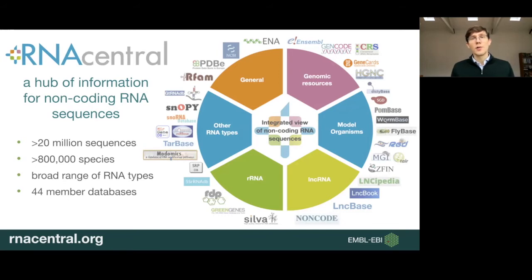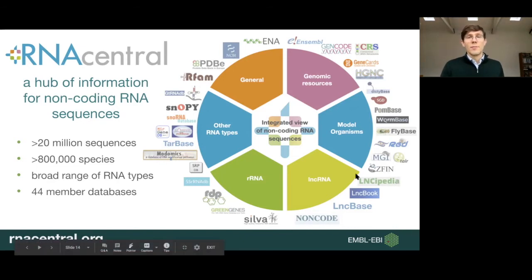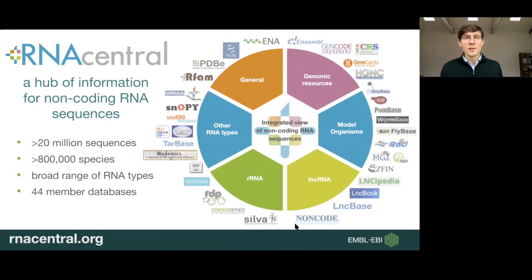There are over 40 databases that are specialized in different types of RNAs or in different organisms that are all brought together in RNAcentral. And so whether you are a computational biologist or a wet lab biologist interested in just a handful of RNAs, you can always come to RNAcentral and find the most up-to-date comprehensive information about the RNAs you're interested in.